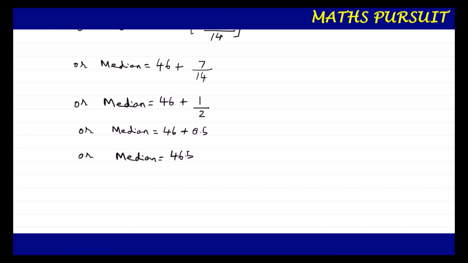So what we got? We got median is equal to 46.5. This is what we got. And from the graph, if you remember, we also got the median as 46.5.